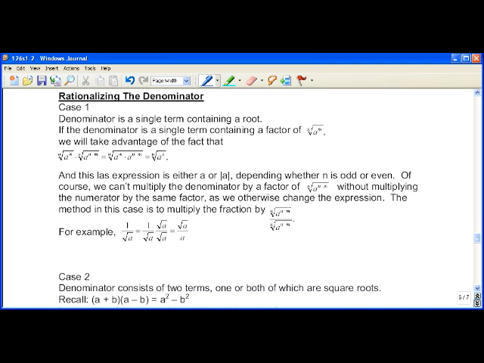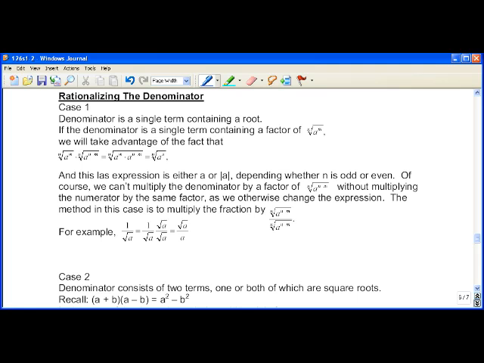Now, rationalizing the denominator. As we said earlier, you cannot have radicals in the denominator. So when we have a radical in the denominator, we need to multiply by something. So the index and the power are the same, so we can bring it out. That's the key. We're missing some symbols here.